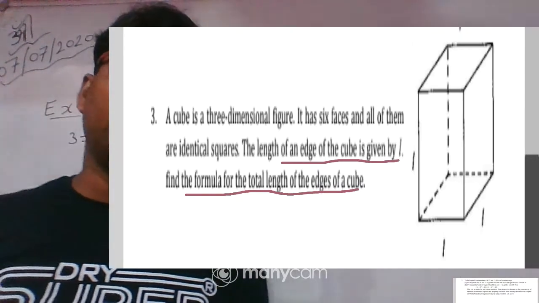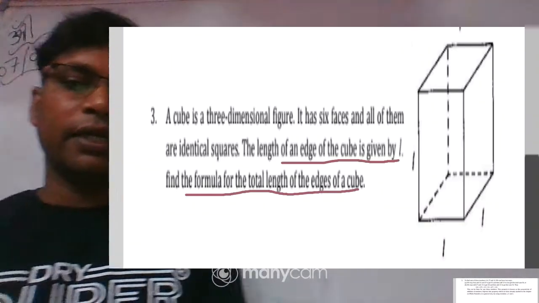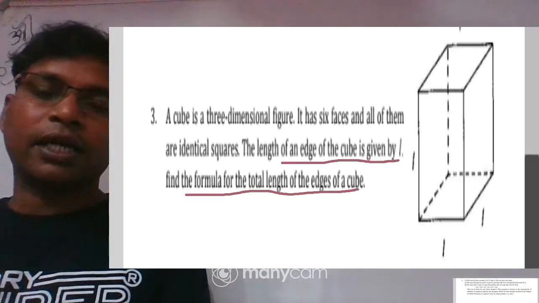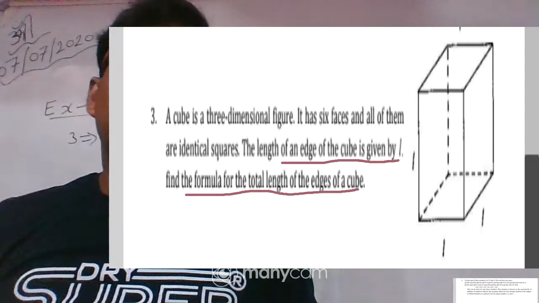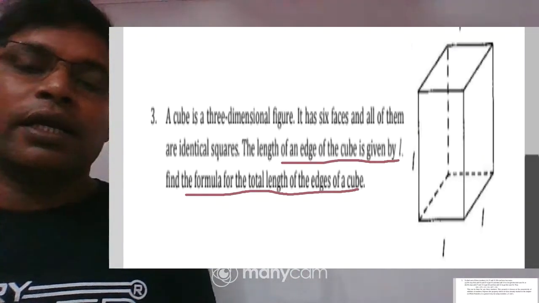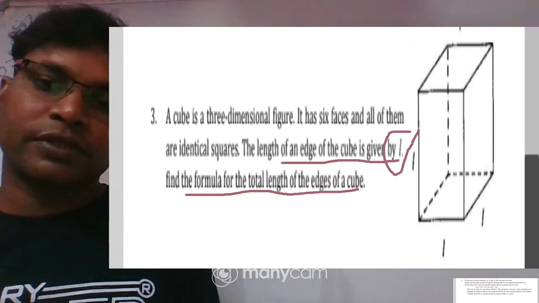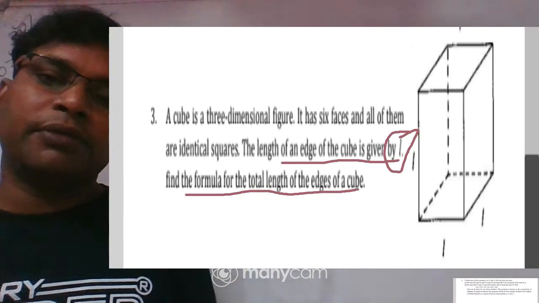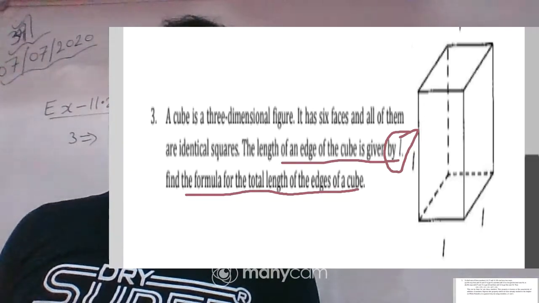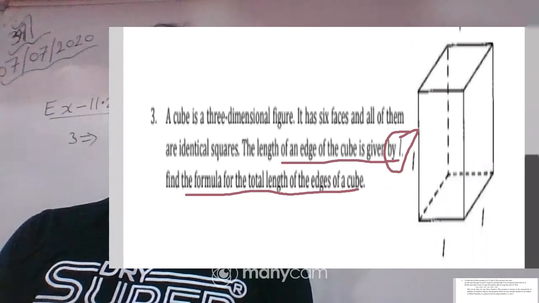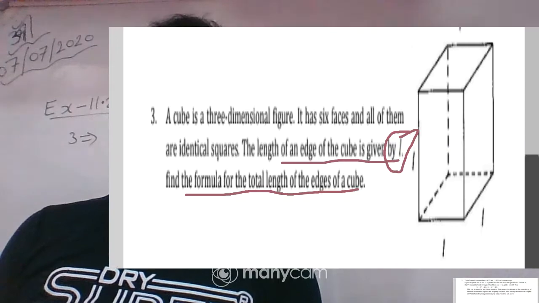Okay, so you develop your formula. So formula for the total length of edges of a cube is equal to 12 into length of side, because you can count here the number of edges of cube is 12, and here also the length of an edge of the cube is given as L. Okay, so formula for total length of the edges of a cube is equal to 12 into length of side. So let's see how to write it.